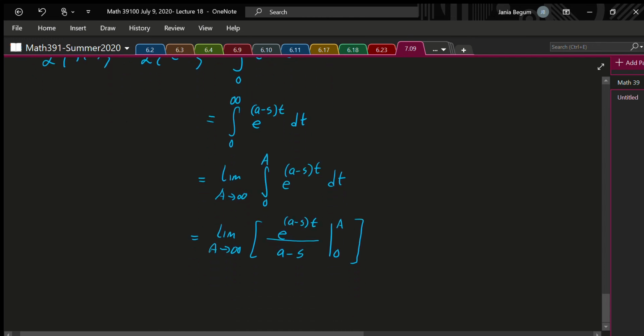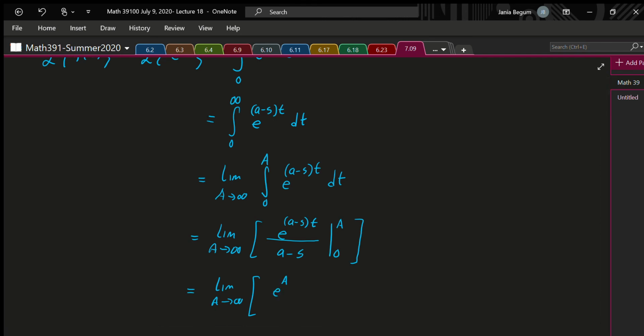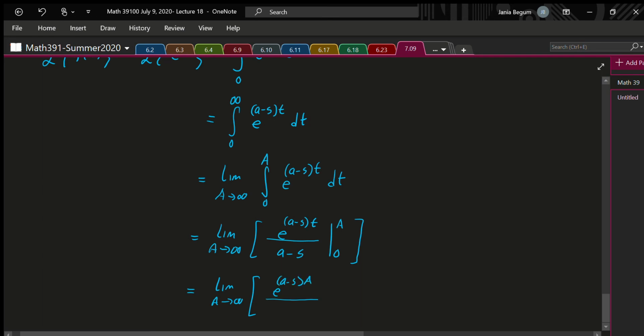We have the limit as a goes to infinity of, as I plug in big A for t, e to the (a minus s) times a over (a minus s), minus e to the, as I plug in 0 for t, that's 1. So we have 1 over (a minus s).